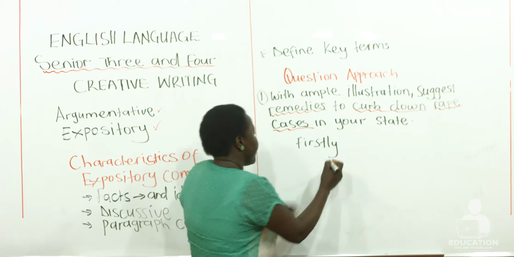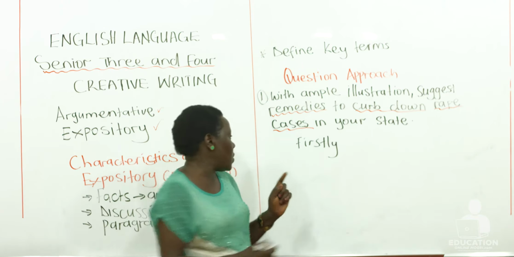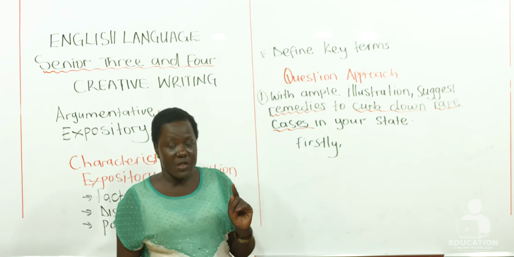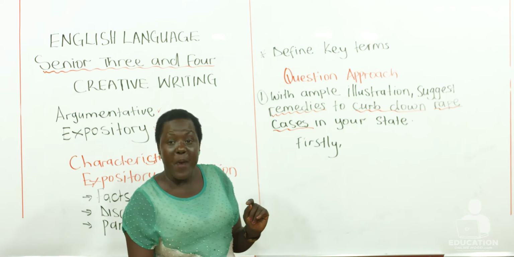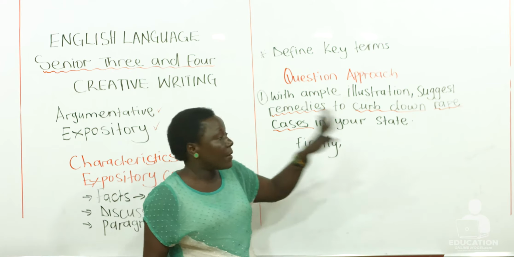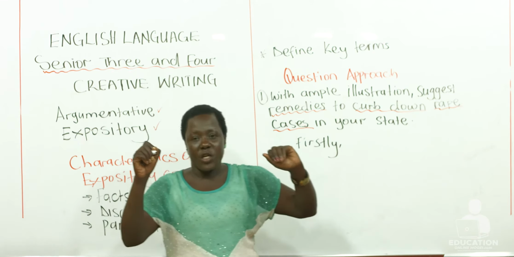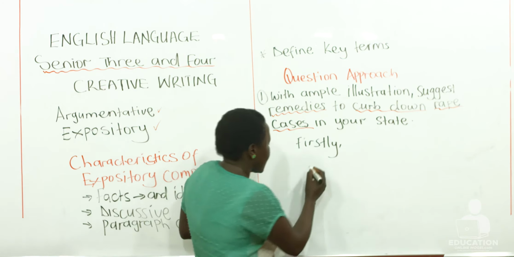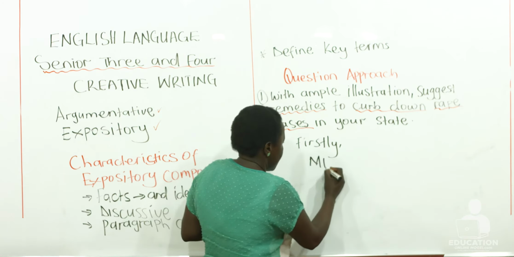Firstly, meaning the first thing that government should do is put strict laws against rapists, or to punish rapists. And you explain. Now, in this type of composition, it's just like argumentative. You use what we call MEI.